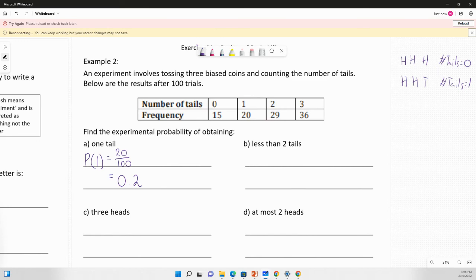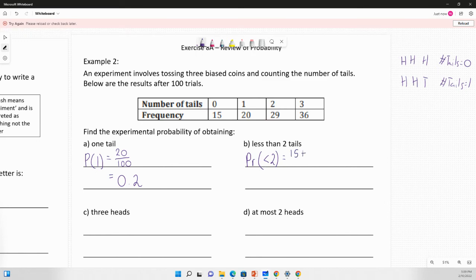So the probability of getting less than 2 is the number of times there were 0 tails, 15, plus the number of times there was 1 tail, which is 20, out of our total frequency, which was 100 trials.